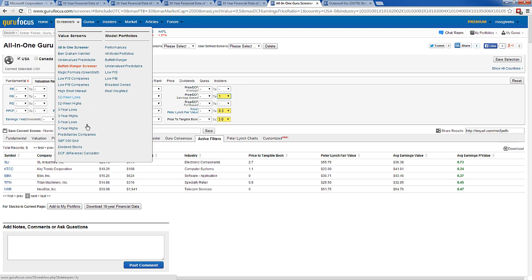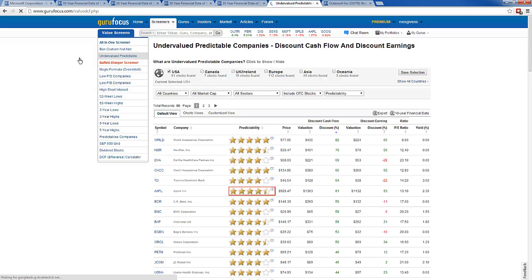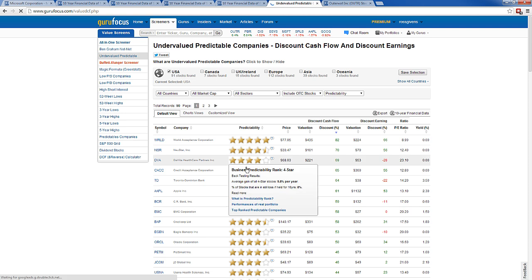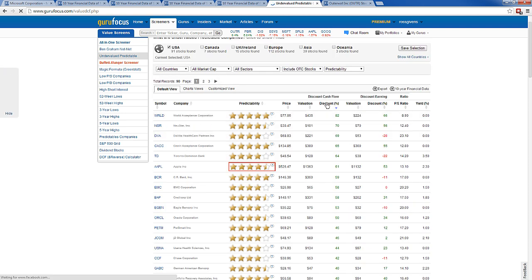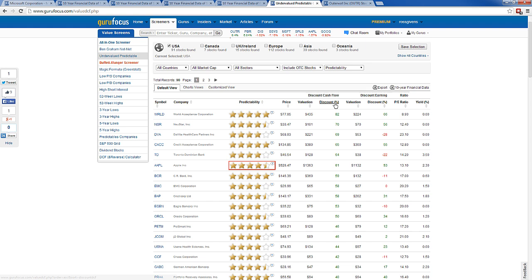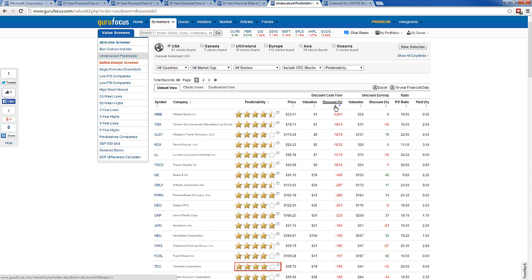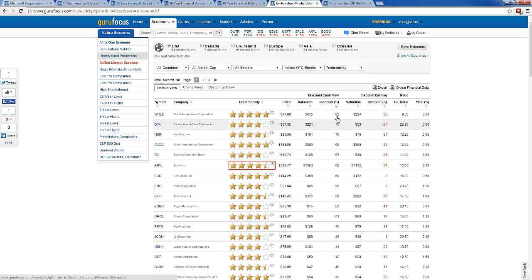Here's undervalued predictable. So these list all the high quality stocks trading at a discount to this discounted cash flow valuation figure, and then you can put them in order according to how far below that they are. So WRLD trading at 82% discount, DaVita, Newstar, Credit Acceptance, Toronto, etc. So you can order them that way.